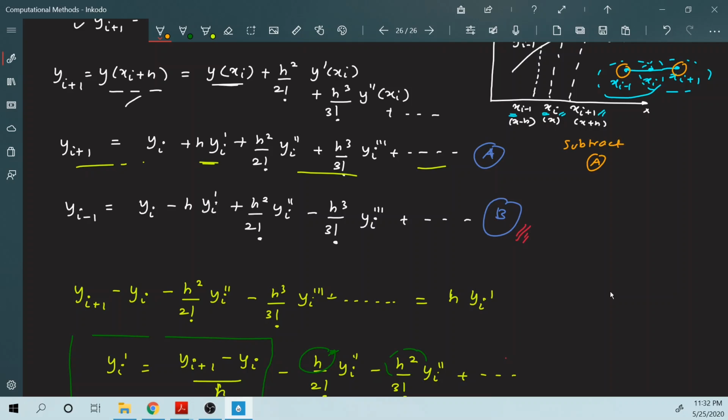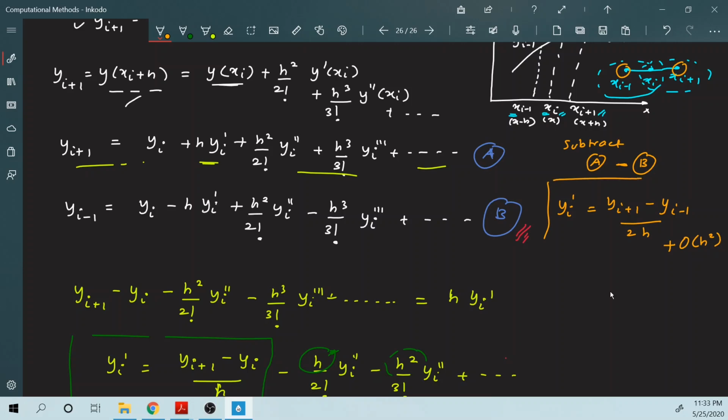When you subtract equation B from equation A, you get the first derivative (yi plus 1 minus yi minus 1) divided by 2h, with order h square.